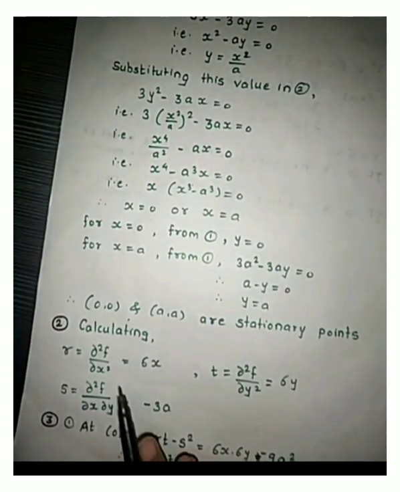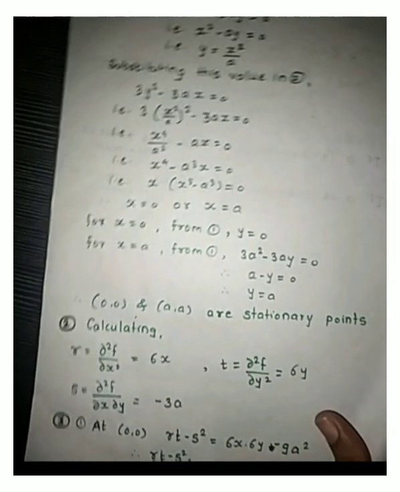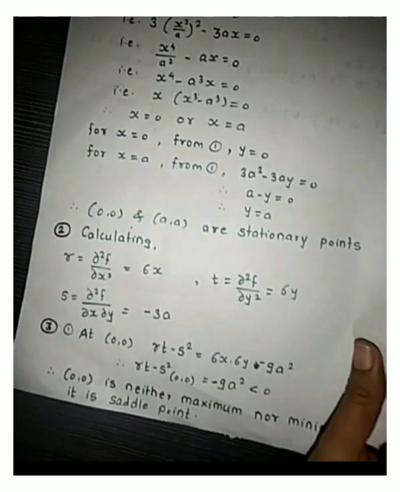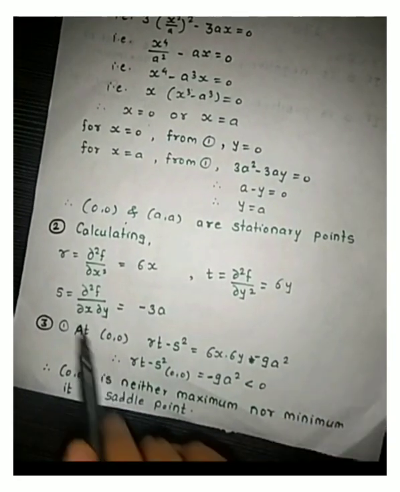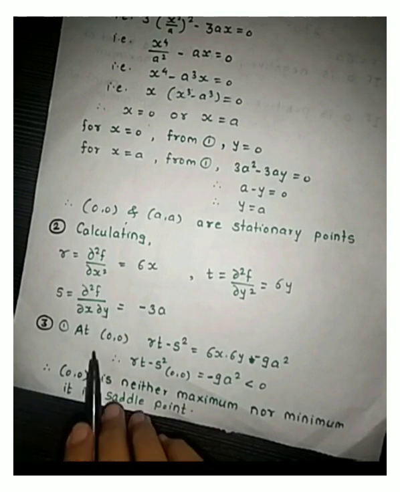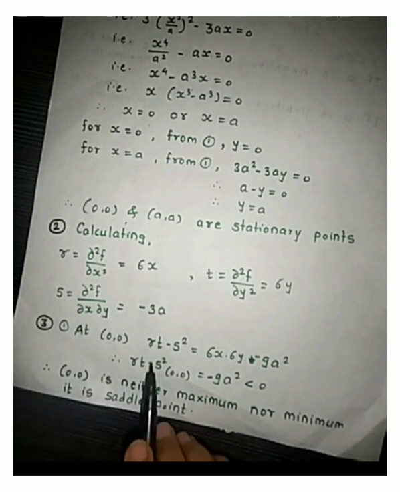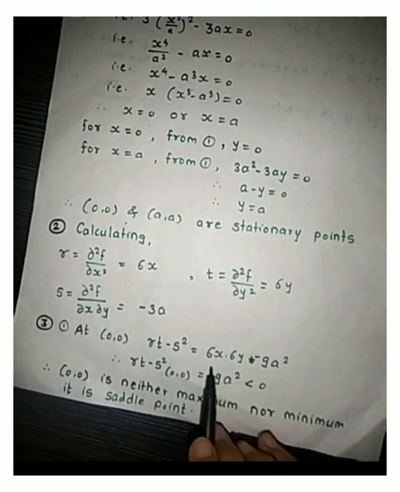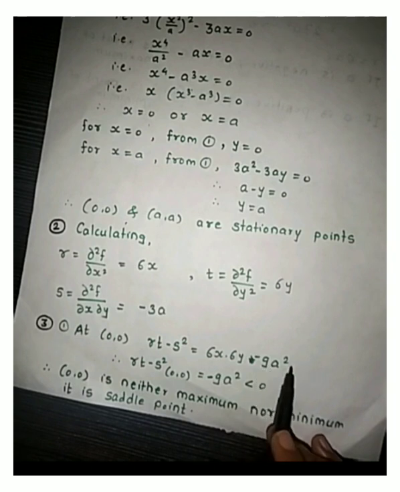Now we have all the values r, s and t. Now our third step is to calculate these values at given points. Calculate values of r, s, t at given points, and also calculate the value of rt minus s square at that point. So at point (0, 0), rt minus s square is equal to 6x into 6y minus s square.